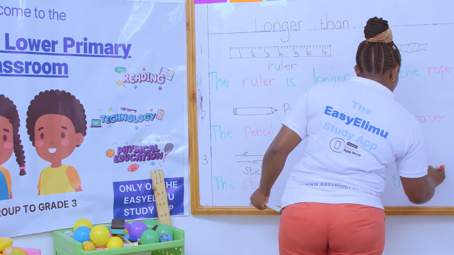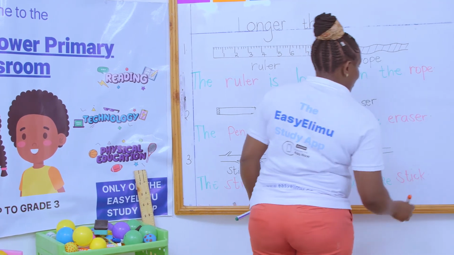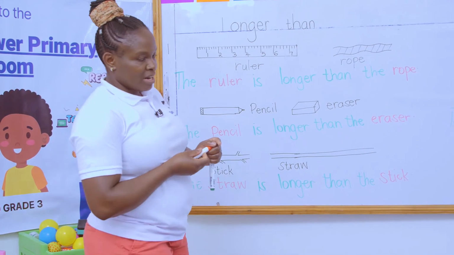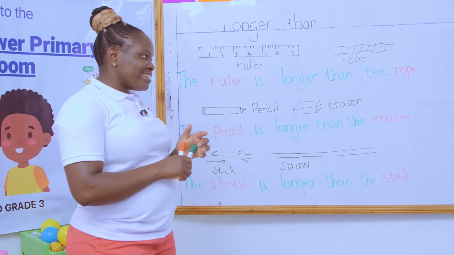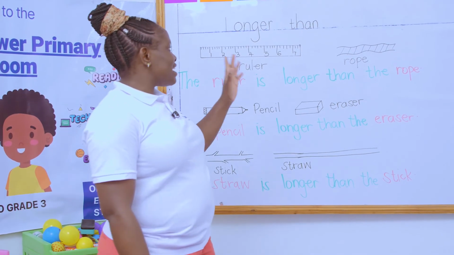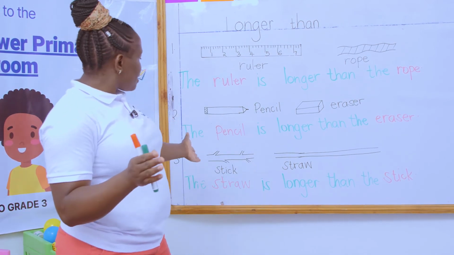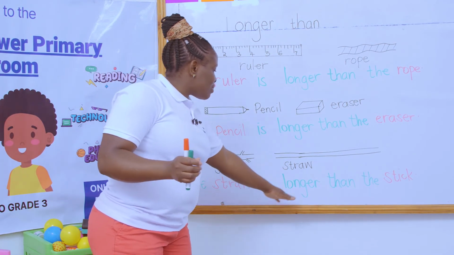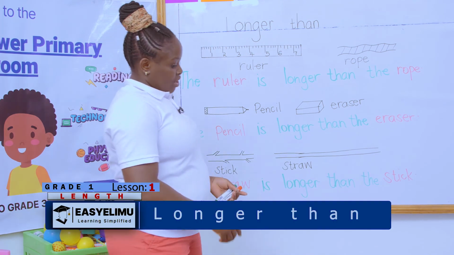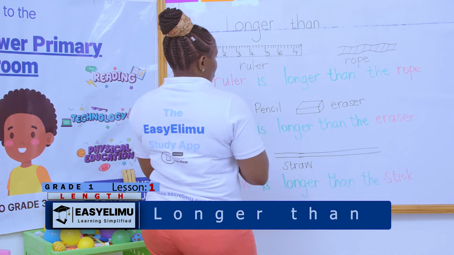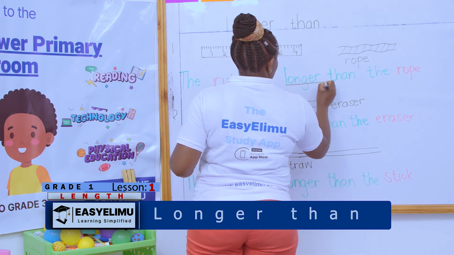And remember, if you forget the word than, your answer automatically becomes wrong. Why? In English, longer is the word that ends with ER. It is used to compare two things. And when you're talking about two things and you miss out the word than, just know that your answer is not correct. So we are talking about longer than.